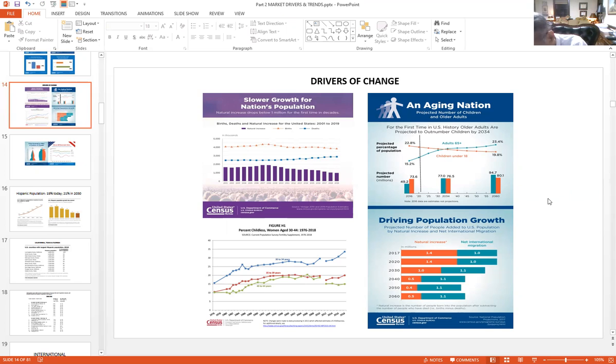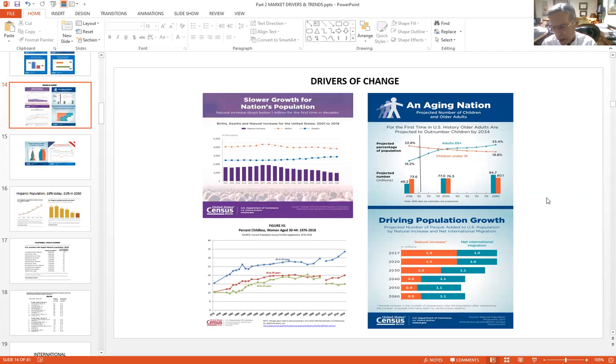And I'm not sure that people 18 years old deserve to be called children, but that's what the Census Department did in this graph. The blue line represents adults 65 years and older. And you can see that by about 2034, somewhere around there, the senior citizens will outnumber younger people. And this has a lot of implications, not least of which is for Social Security.